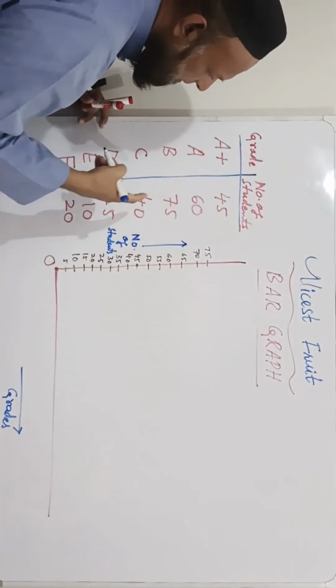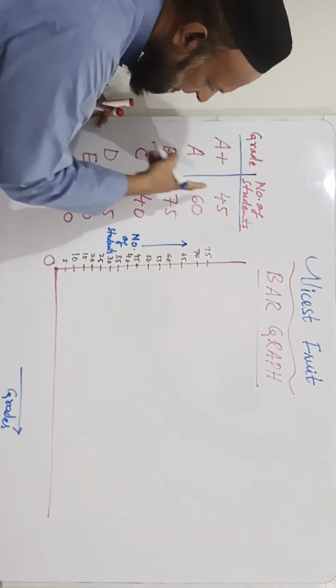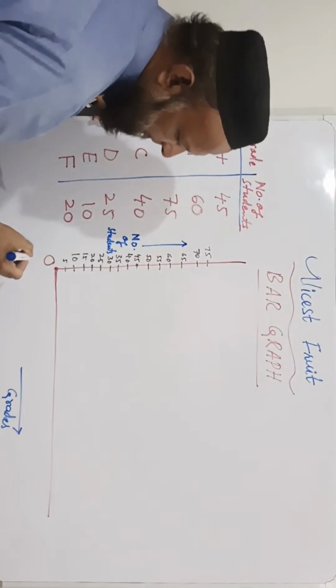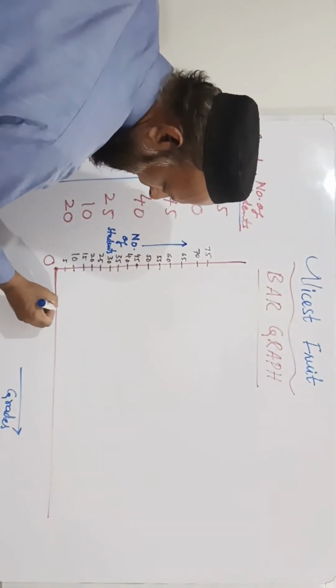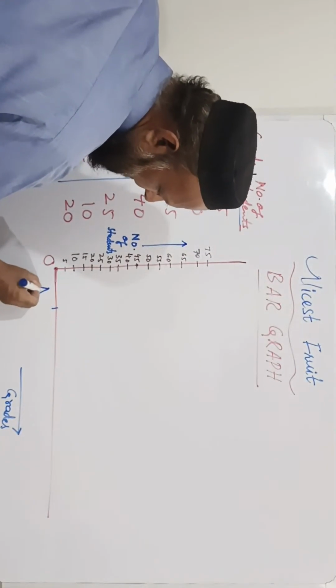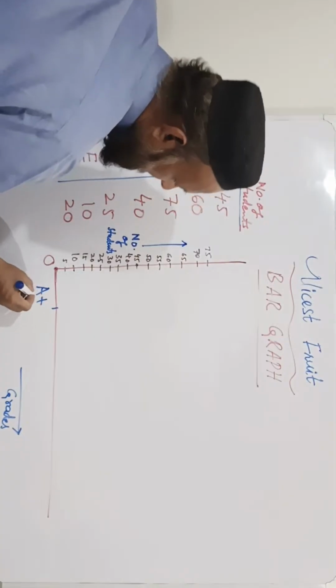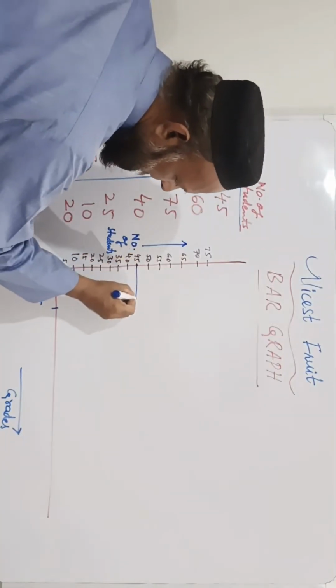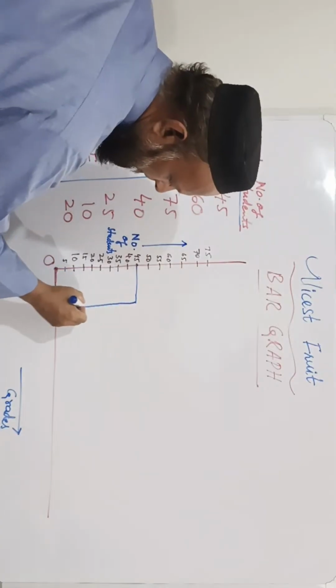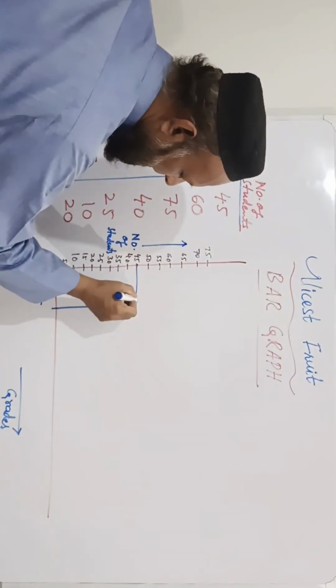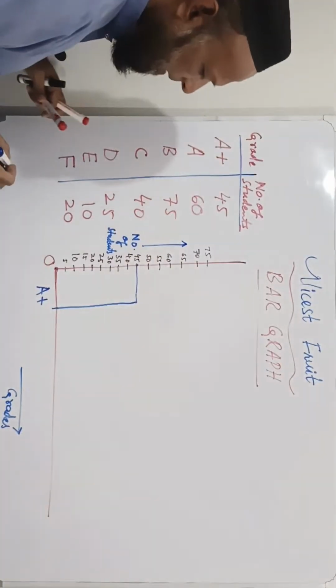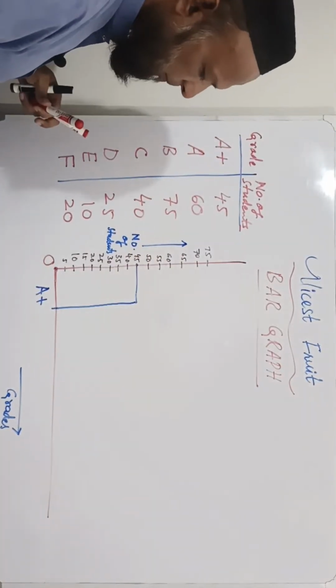So let's start with A plus. A plus is 45. A plus, this is say A plus. 45 is this one. Then B. B is 75.